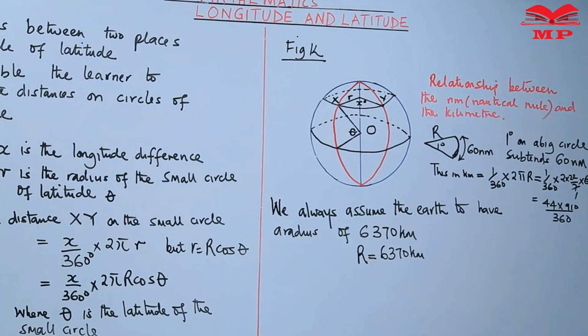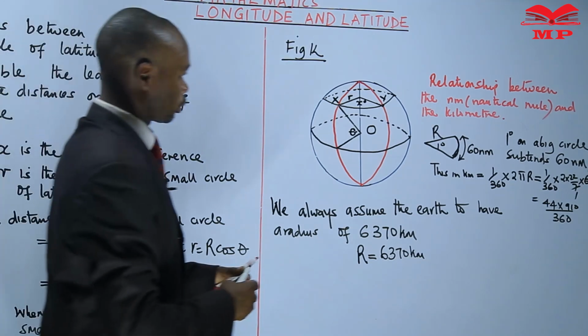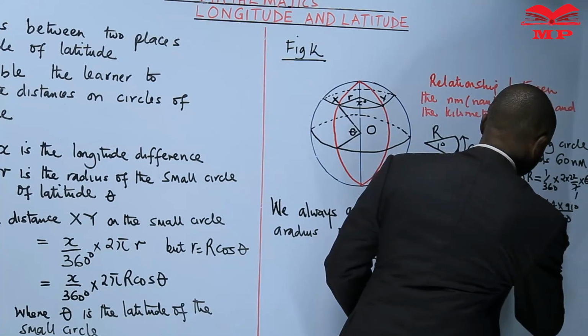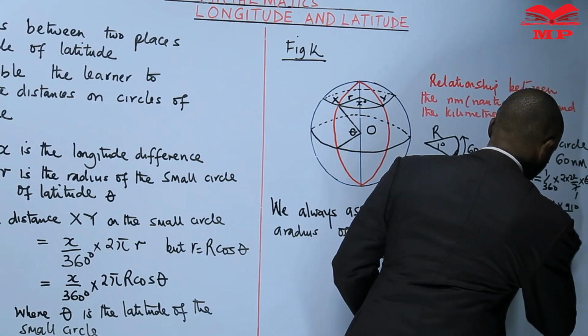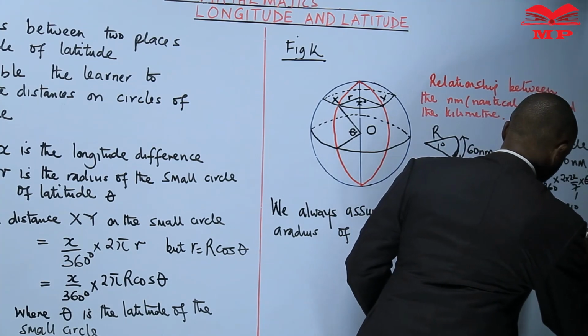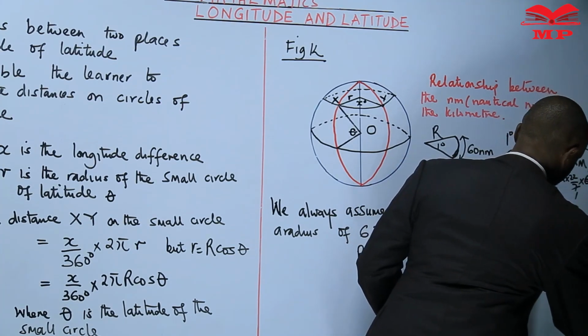We work that out with the calculator. 44 times 910 over 360 comes to 111.222 kilometers.